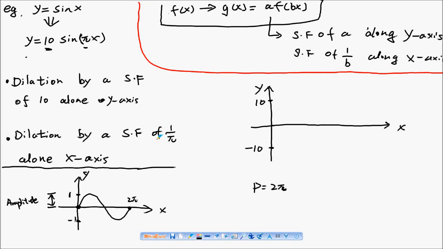Now we have a scale factor of 1 on pi, so the new period is the old period, 2 pi, times the dilation factor.